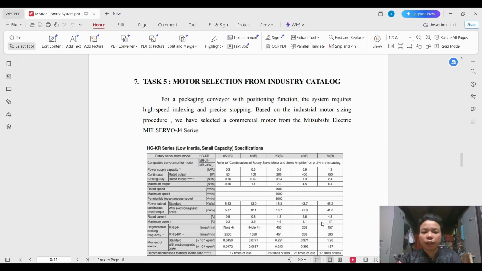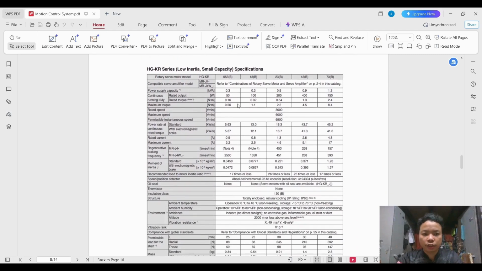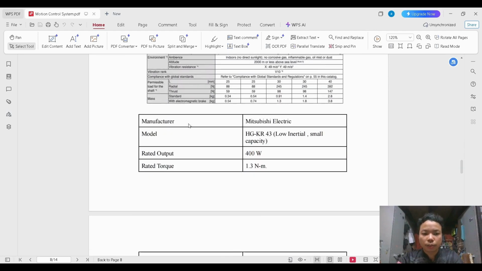For Task 5, I will explain our motor solution from an industry catalog for a packaging conveyor with positioning function. This is the catalog for the HG-KR series from the manufacturer Mitsubishi Electric. The model is HG-KR 40T, low inertia, small capacity.